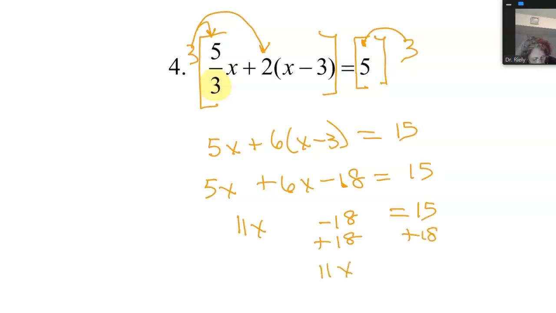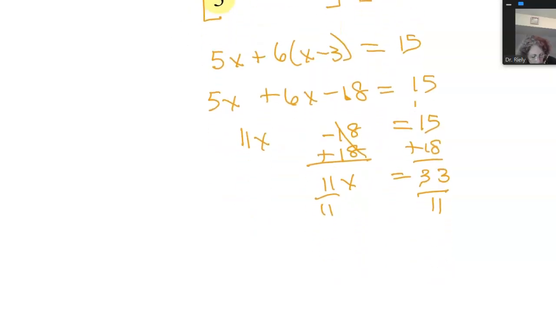I get 11x, because this goes away, equals 5 and 8 are 13, and then the 3 carry the 1, 33. Isolate your x by dividing by the coefficient, and you should be getting x is 3.